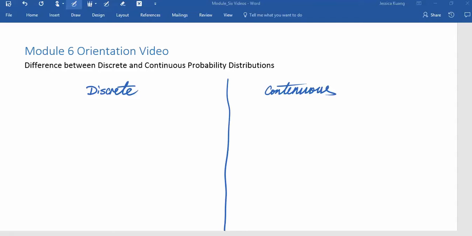In Module 5, we learn about discrete probability distributions. And in this module, we will learn about continuous probability distributions.